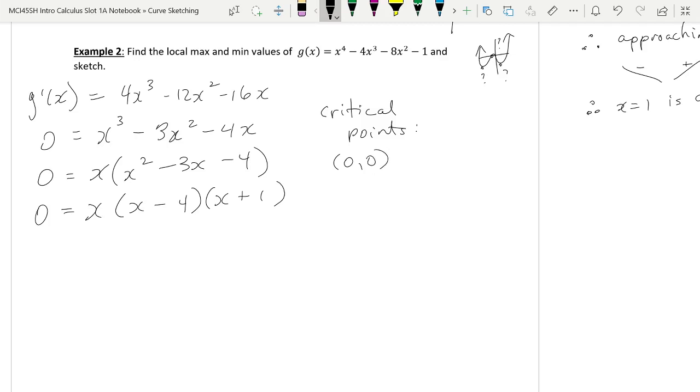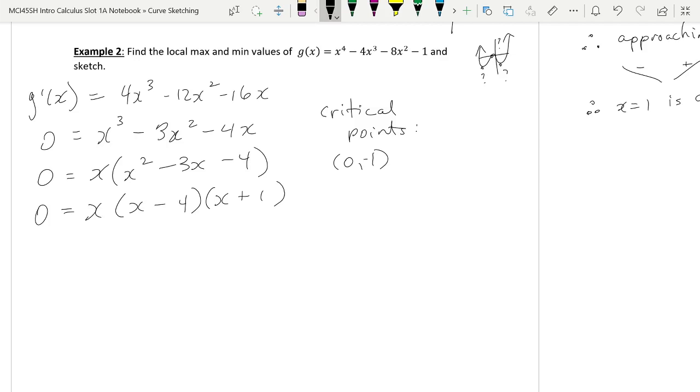And what happens when x is 0? You can either run it through here or you can run it through there. I think I like the factored form better. Oh, sorry, I guess I do have to go back to the original equation. Actually, now that I look at it, 0, 0 is not the critical point. What was I thinking? When x is 0, I get negative 1.